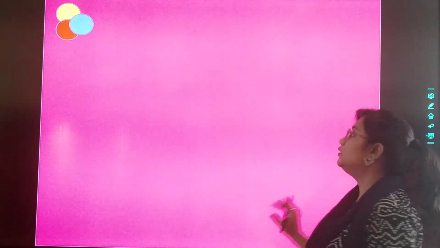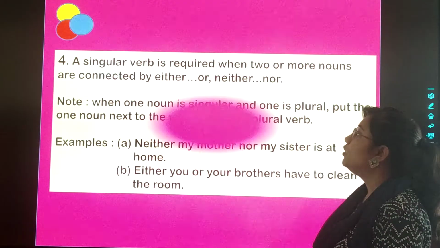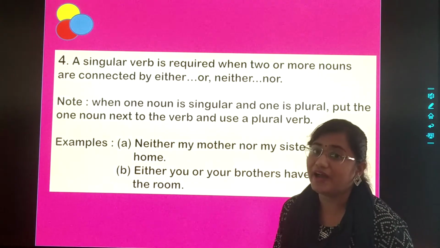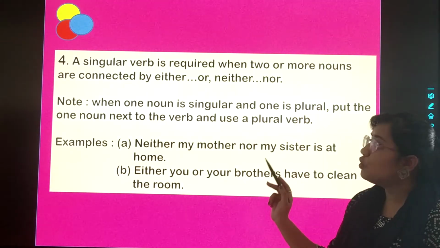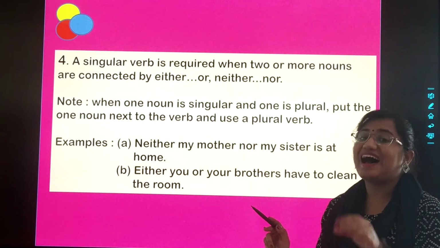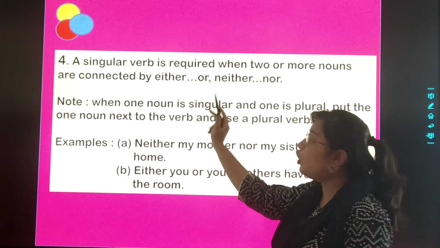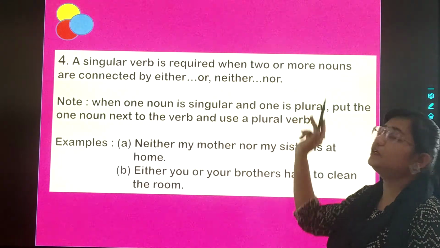Next rule, let us see. A singular verb is required when two or more nouns are connected by either or neither nor.